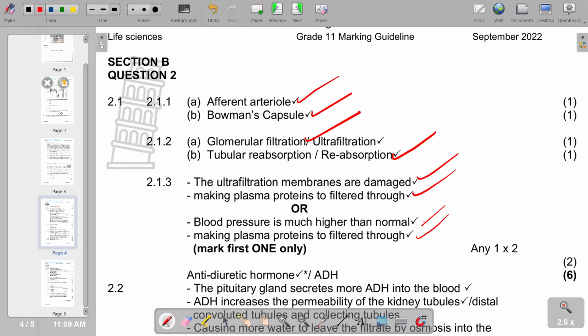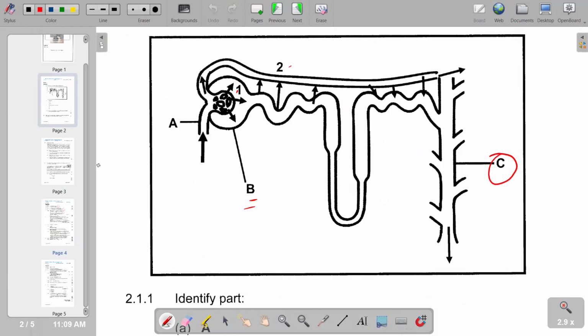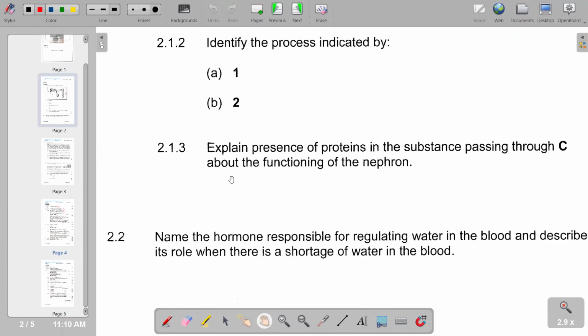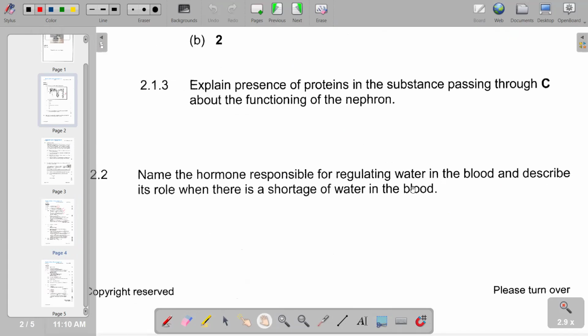And then in terms of the next question that we are given, name the hormone responsible for regulating water in the blood and describe its role when there is a shortage of water in the blood.